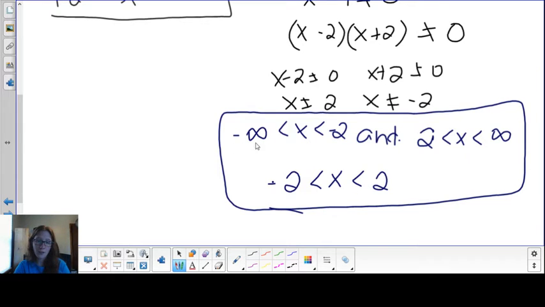I have everything really, really small compared to negative 2, everything really, really big compared to positive 2, and the stuff in the middle.